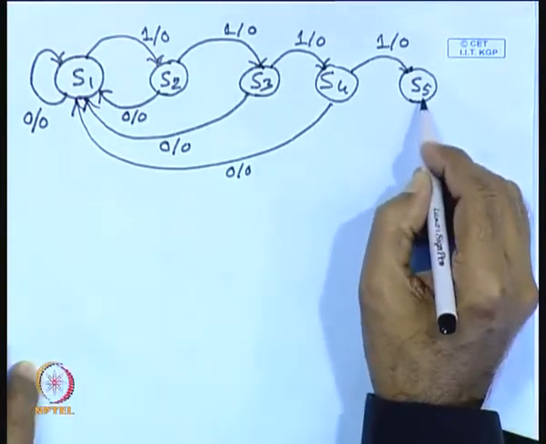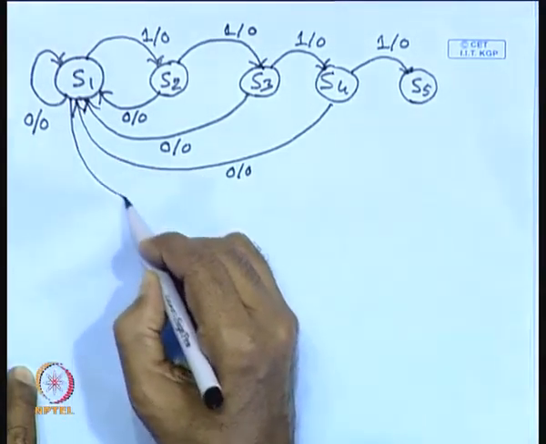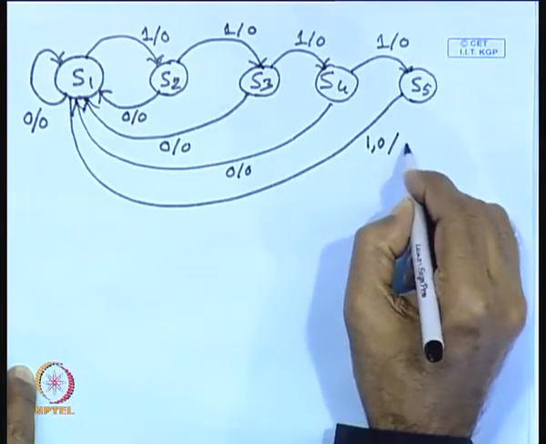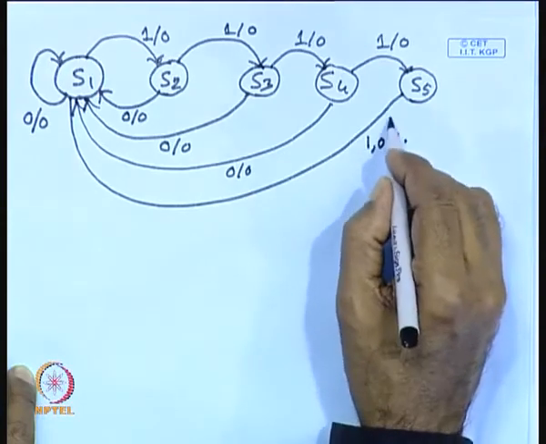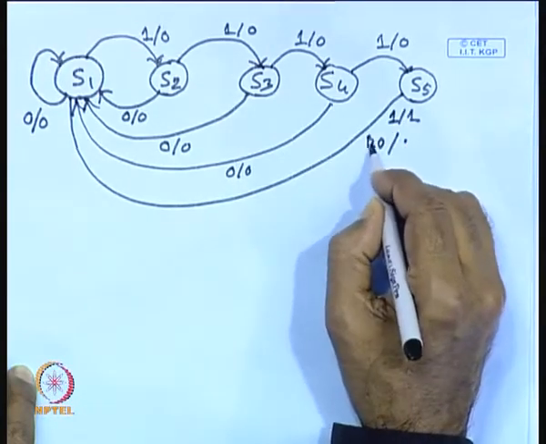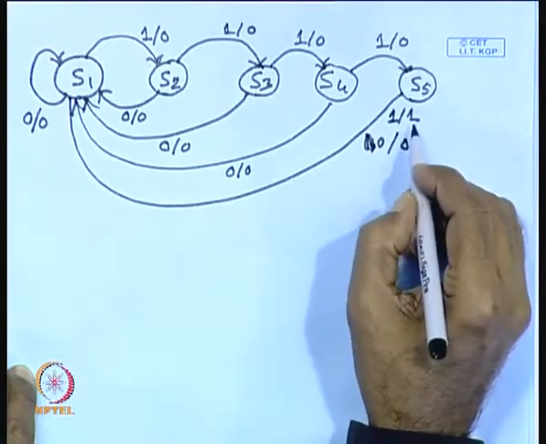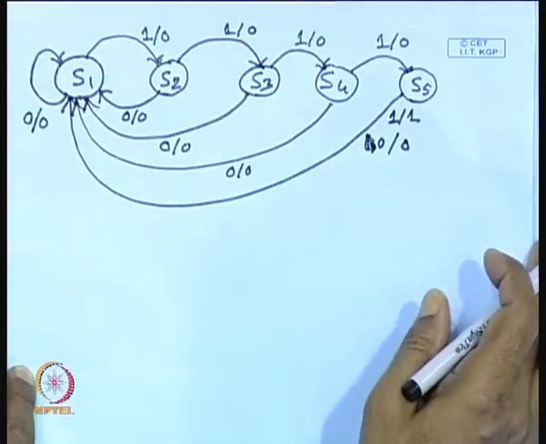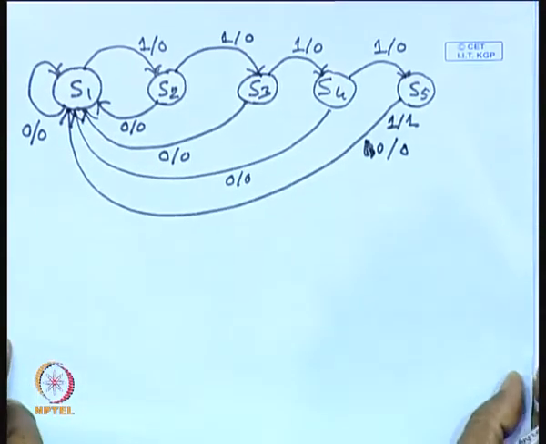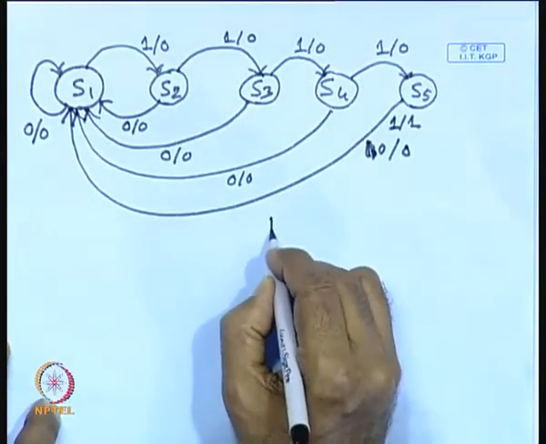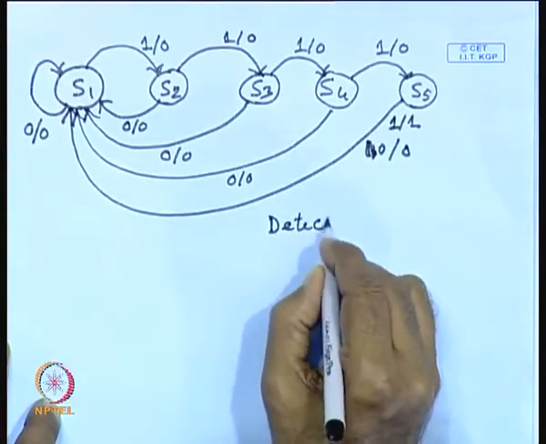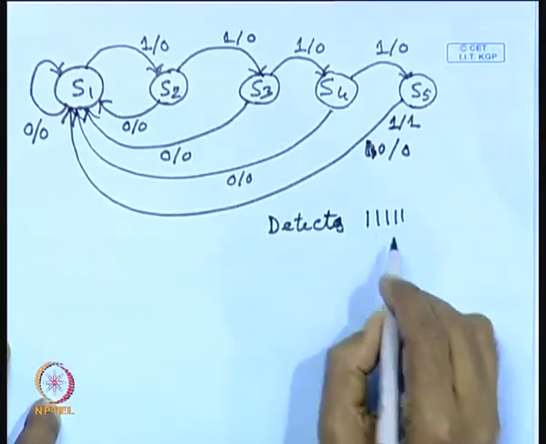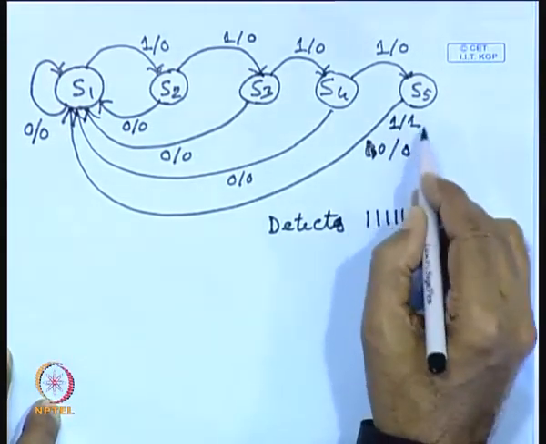When it is in state S5, whenever 1 comes it will produce 1, and whenever 0 comes it will produce 0, and it will go back to state S1. So, this is the state transition function of this finite state machine, which detects the occurrence of 5 ones, and whenever 5 ones occur, as you have seen, it produces a 1.